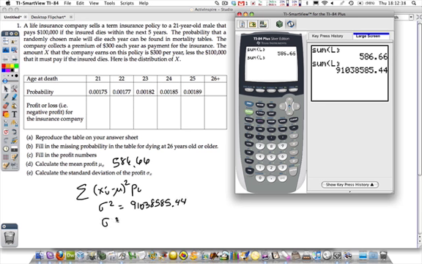And so the standard deviation then is going to be the square root of that. So we'll just do the square root of the answer, and we get 9541.41. And that's in dollars, as is the mean. So that's how you do problem number 1. Fun stuff, huh?